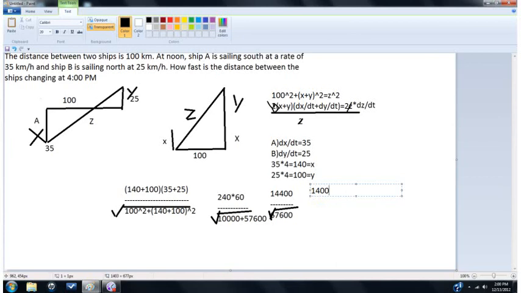That gives us 14,400 over 260, which is equal to 5.538. So that is the distance between the ships at 4 p.m.